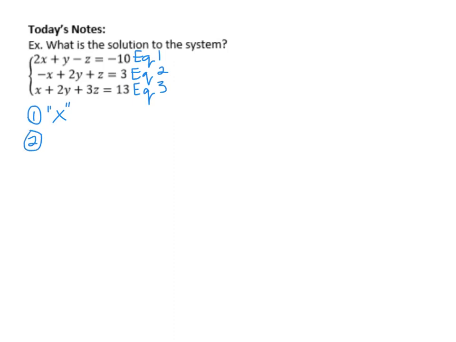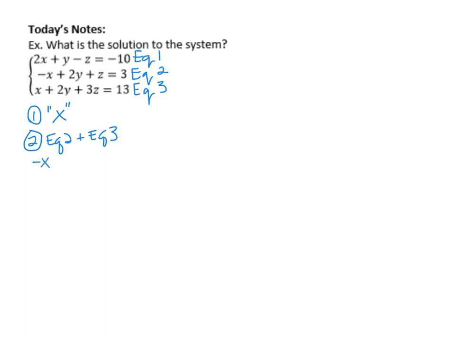is combining the equations. I notice right away that in equations 2 and 3, the x's would already cancel out. So what I'm going to do is just add equations 2 and 3 together. So I'm going to write equation 2 plus equation 3. And then down below, I'll show that in action.